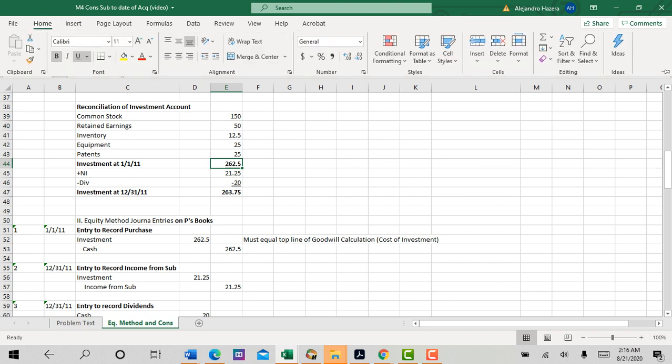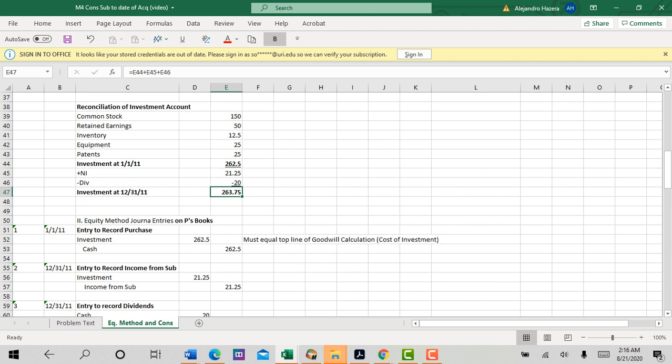Its current balance at the end of the year is 263.75. So the purpose of the first entry is to reverse, take out the net income and dividends, and that'll take it from 263.75 to 262.5, which was its beginning of year balance.